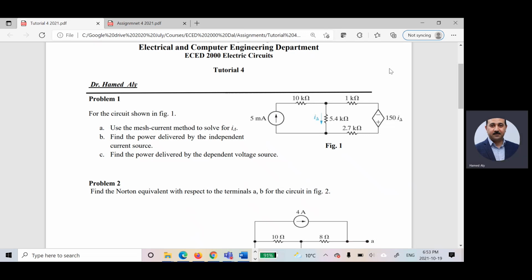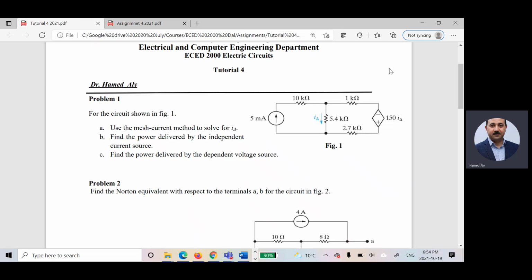The node voltage method could be used for solving any problem, right? So those three different methods, KCL and KVL, mesh, and the node voltage method, could be used for solving any problem. Any problem? Yes. If I didn't ask you to use a specific method, you can use any one of them. That's okay.